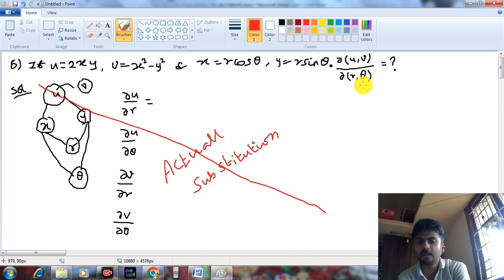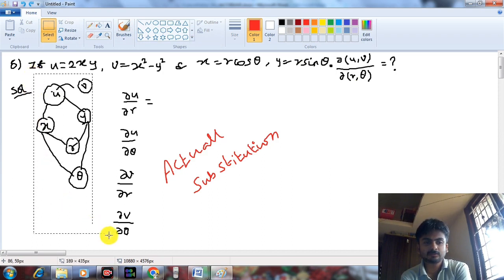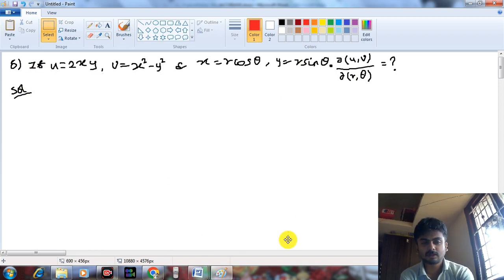If time permits, I will explain how to verify the result by using the formula. I hope you are understanding the problem. So we shall start our problem.